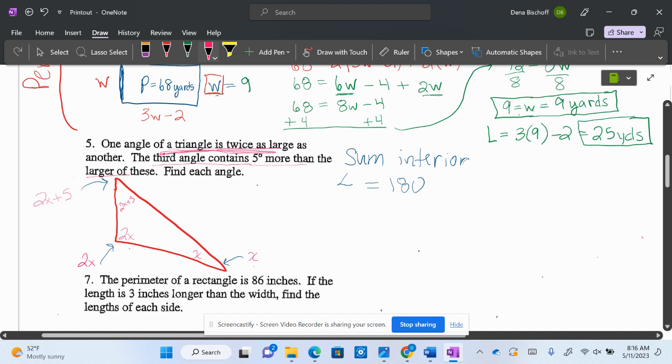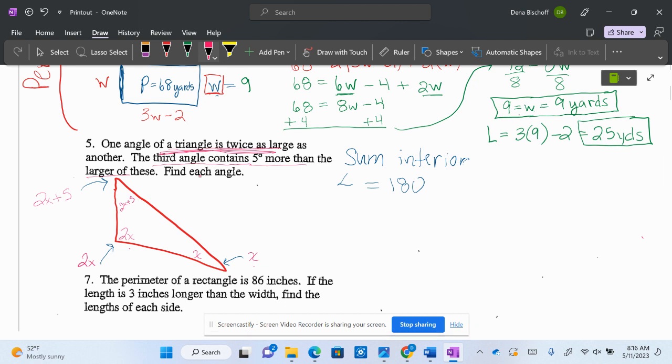Okay. So what do all of the angles have to add up to? 180. So we have all of the angles. We just have to add them together and say they equal 180. So my first angle is X plus my next angle, 2X, plus my third angle, 2X plus 5 equals 180.